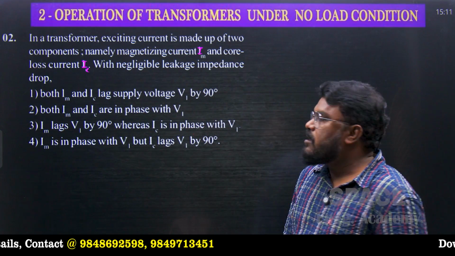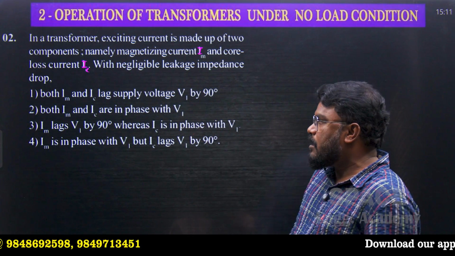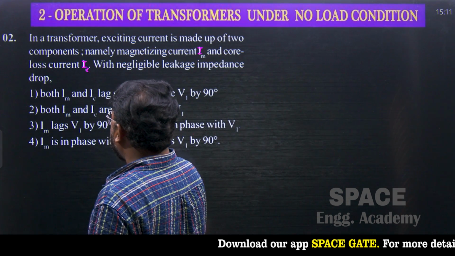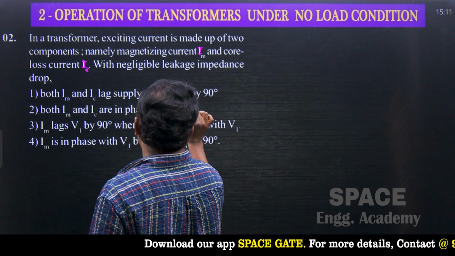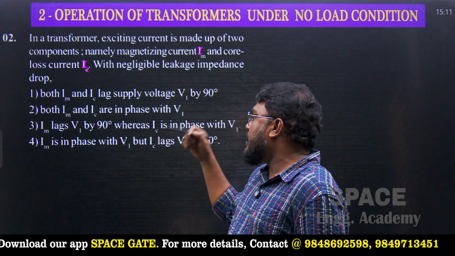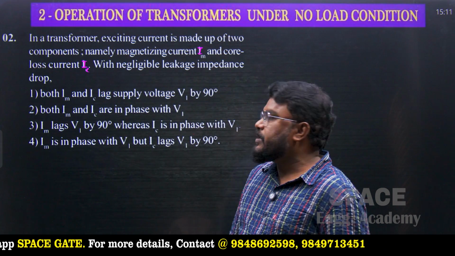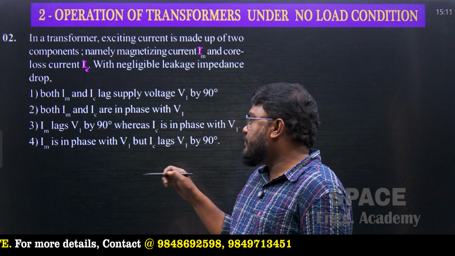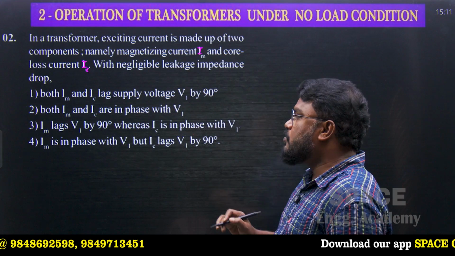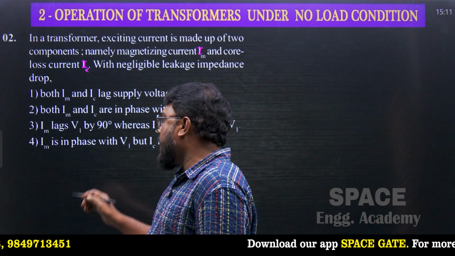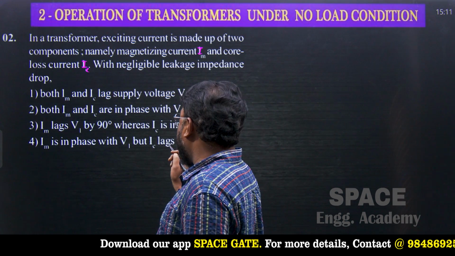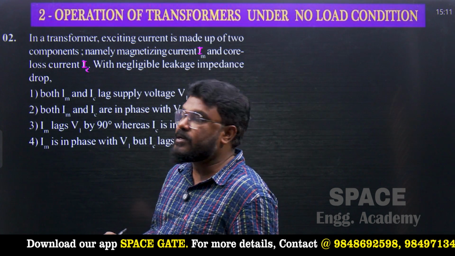With negligible leakage impedance drop, option 1: both Im and Ic lag the supply voltage V1 by 90 degrees. Option 3: Im lags V1 by 90 degrees, whereas Ic is in phase with applied voltage V1. Option 4: Im is in phase with applied voltage V1, but Ic lags V1 by 90 degrees.